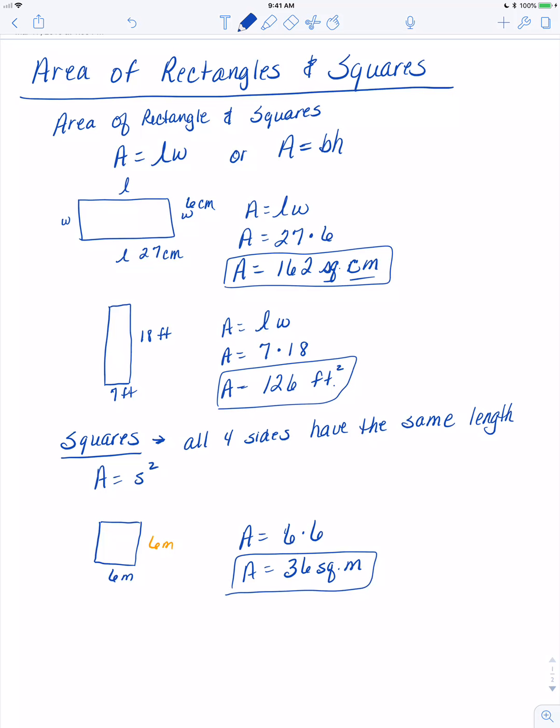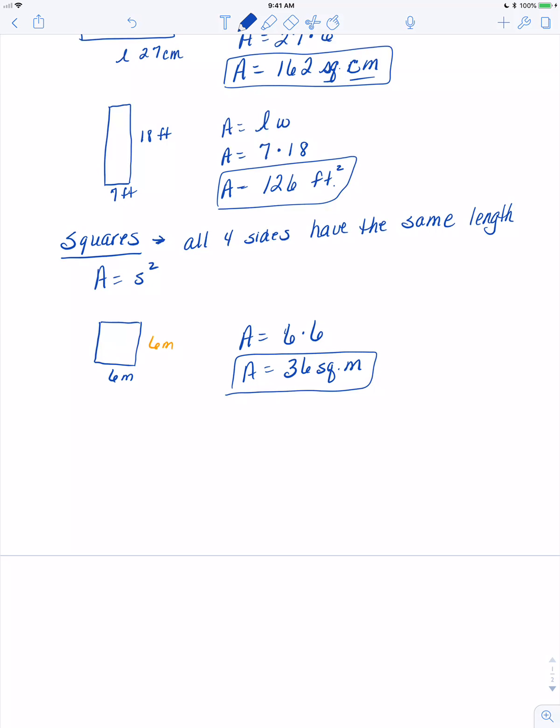And that's pretty easy, but we can do another example for you. So let's see, what if we have one that says 5.4 meters, 5.4 meters? Well, area is the length, or one side, times the other side, or that side squared.